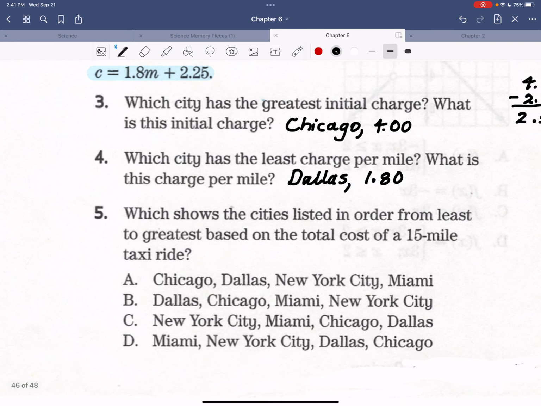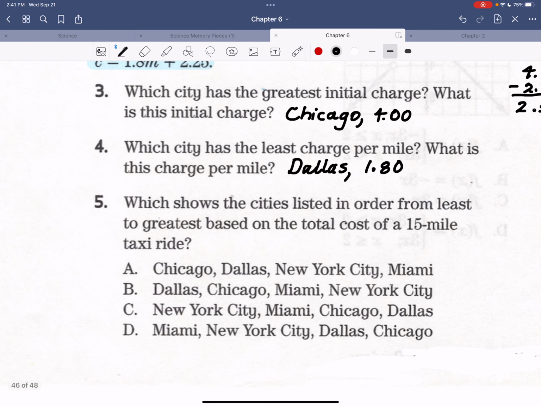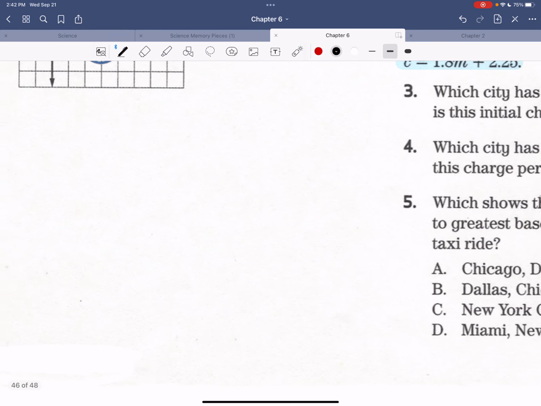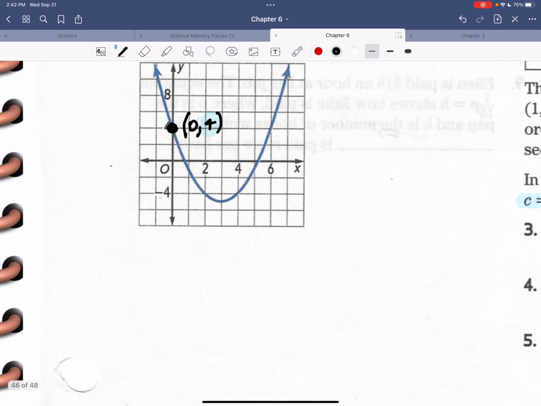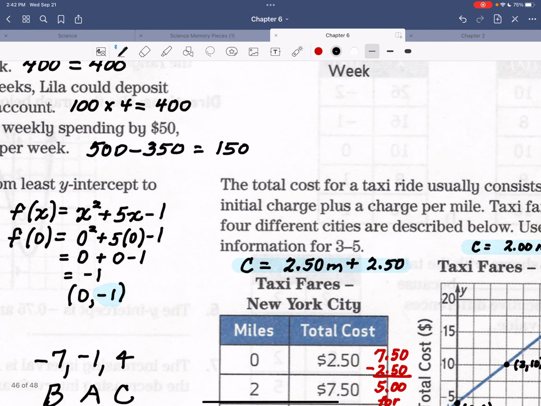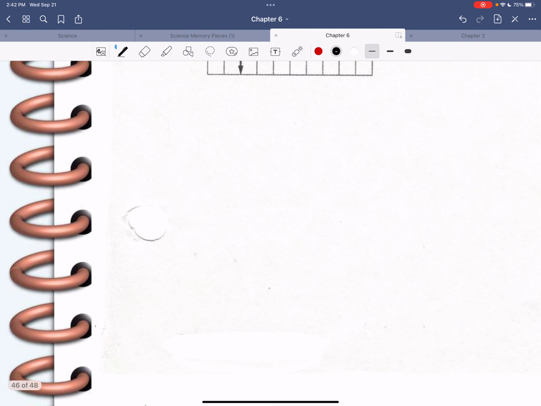Which shows the cities listed in order from least to greatest based on the total cost of a 15-mile taxi ride. So you know what I have to do. New York is $2.50 and $2.50. So the cost in New York is $2.50 a mile plus $2.50 initial fee.